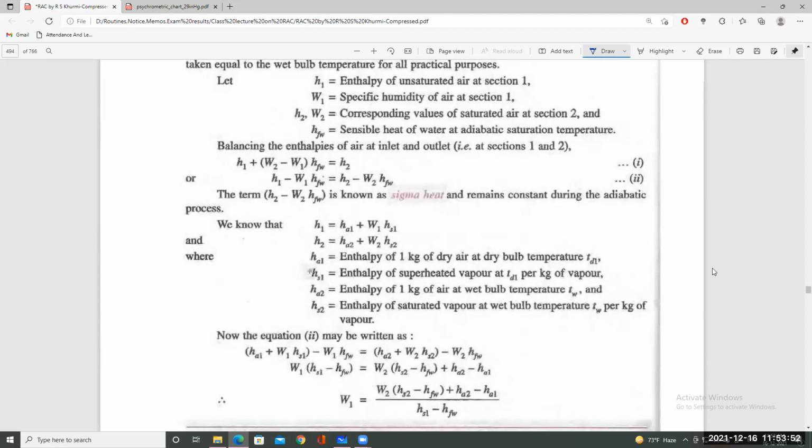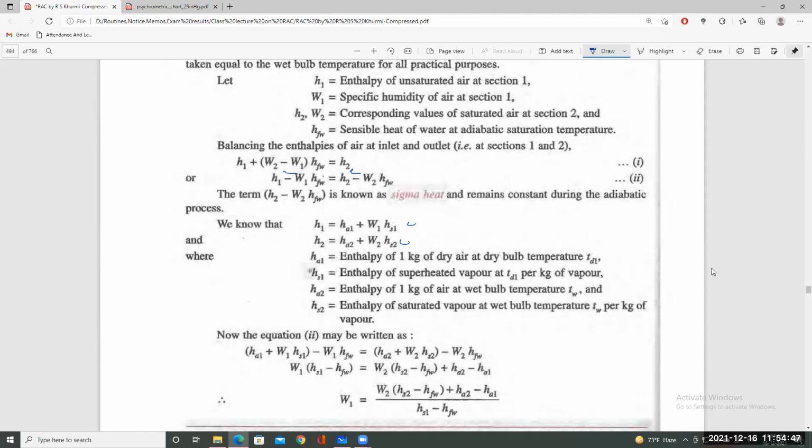In both cases, h1 and h2 are replaced by these terms. Then the W1 hs1 and W1 hfw terms are clubbed together, and the W2 hs2 and W2 hfw terms are clubbed together.